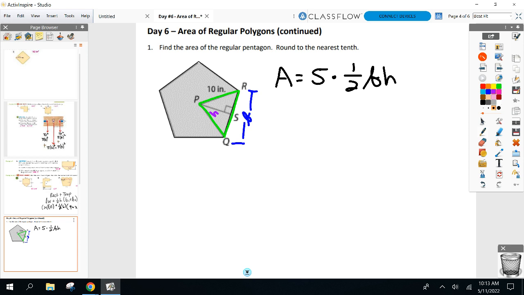All right, so yesterday, here's the first thing we did yesterday. Can you find this central angle right there? Remember, there's 5 triangles all congruent to each other. Can you help me find angle RPQ right now? 5 triangles all congruent, meaning those angles are all congruent. I drew in all 5 triangles.